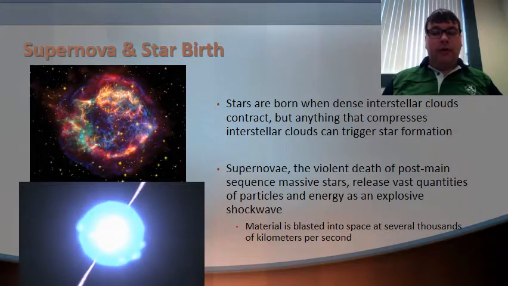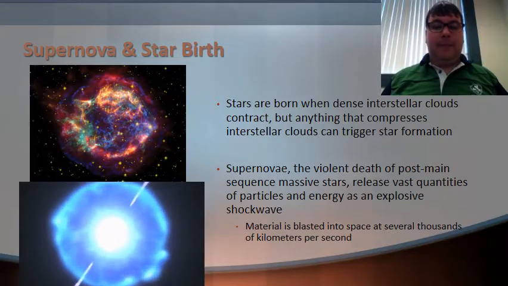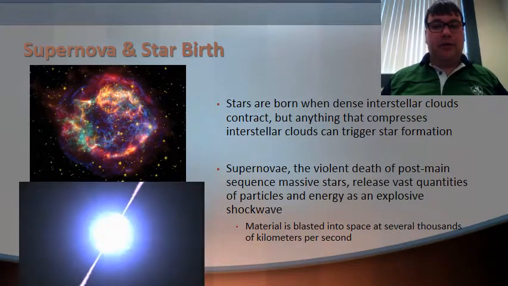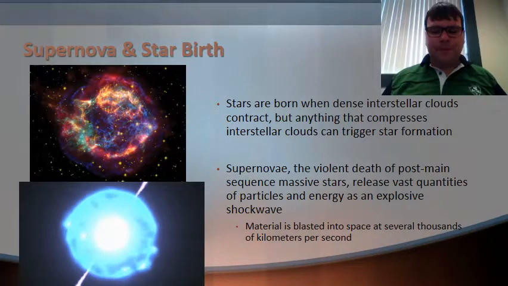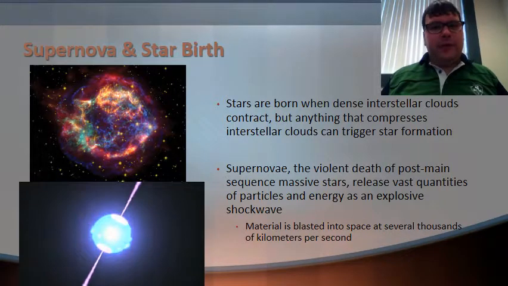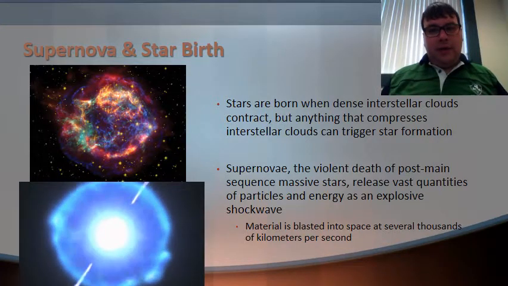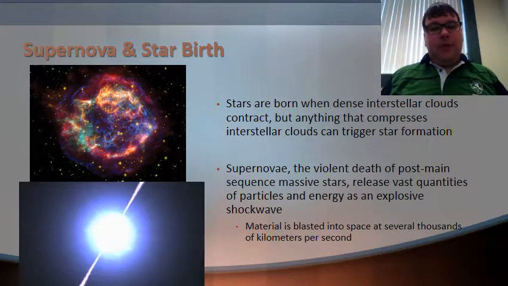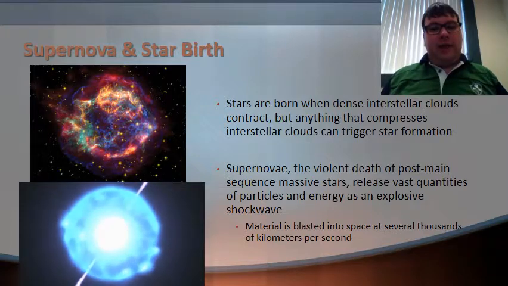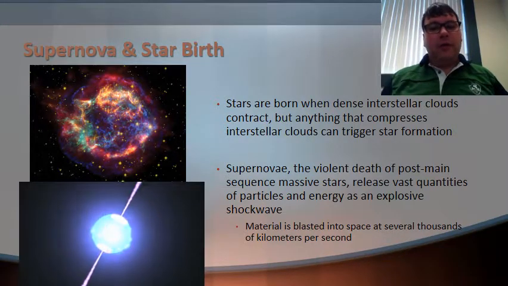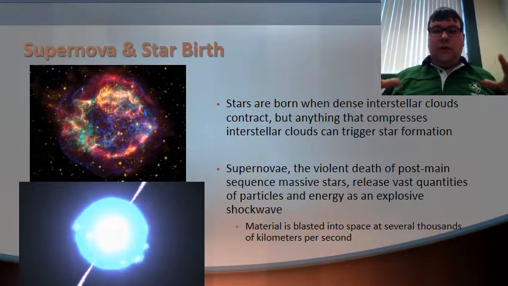Now, stars will also go through their stellar evolution cycle, or their stellar birth, if you will, from different types of shock waves that may occur. So stars, as they get older, will lose their outer layers. If they're very low mass stars, the outer layers will just drift away.